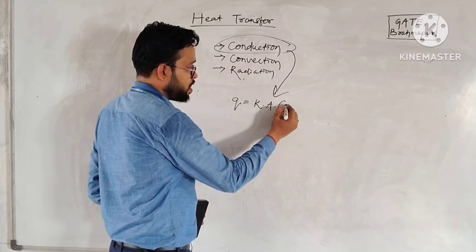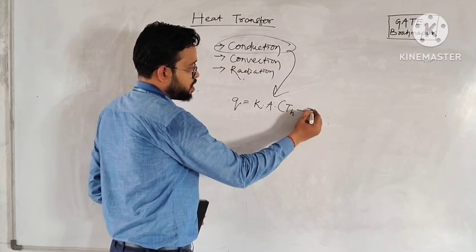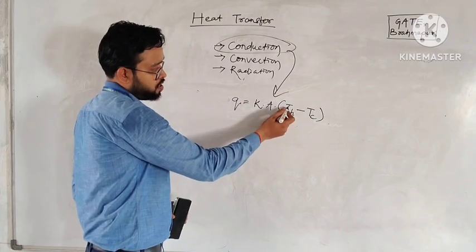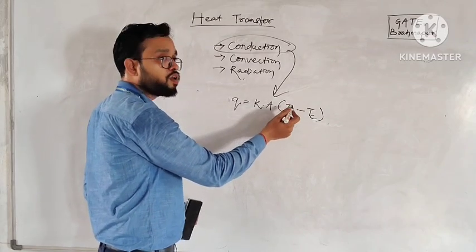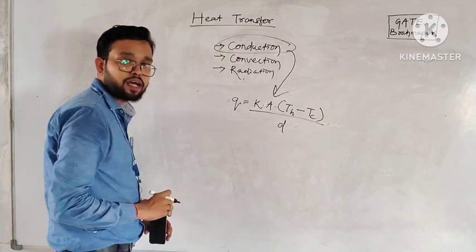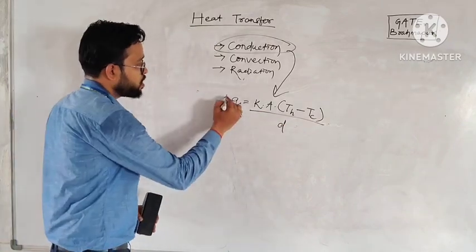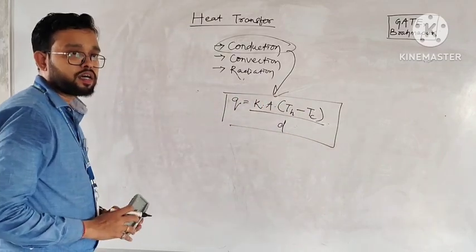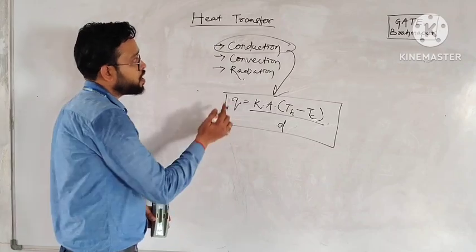This is the area. This is the temperature difference between the hot body and cold body. This is the thickness of the slab. So this is the formula for calculating the rate of heat transfer in conduction.